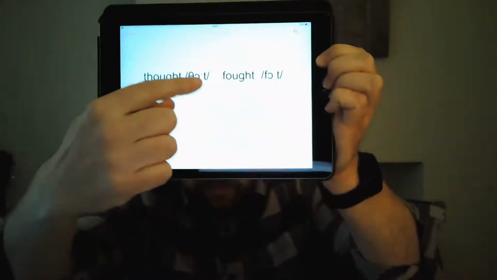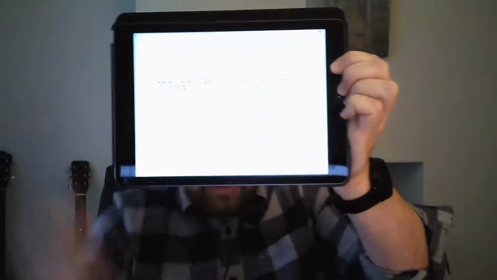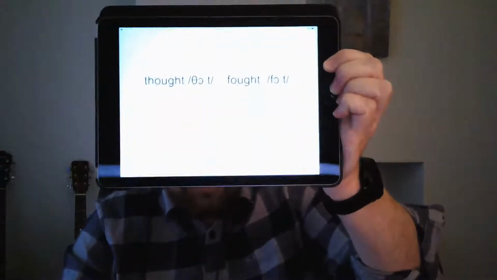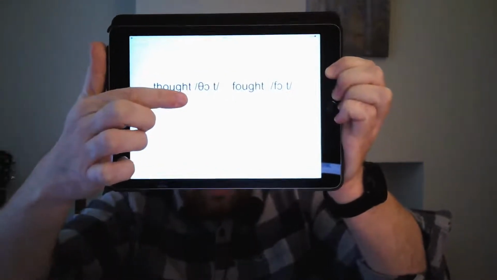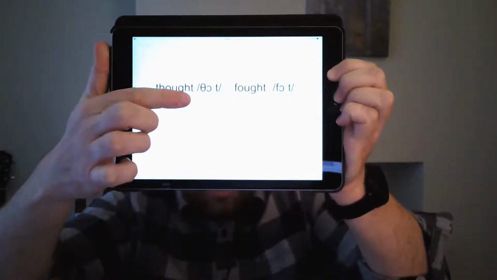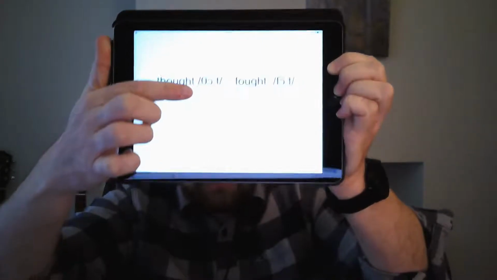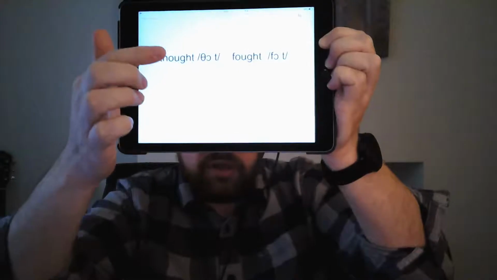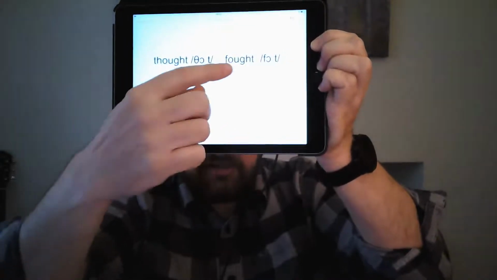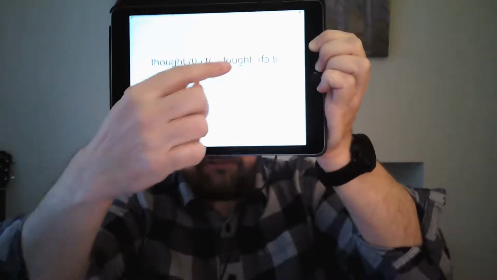We can see straight away, looking at the phonemic spelling, that again, there's only one difference in the sound. So here we have thought, with the sound we practiced in the last pair. Thought, putting your tongue between your teeth. Thought, thought, and fought.